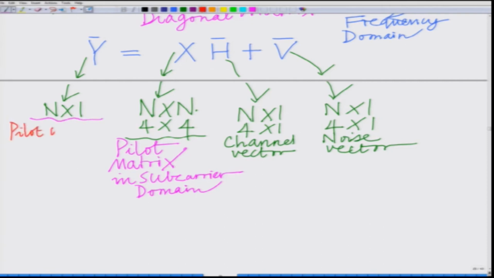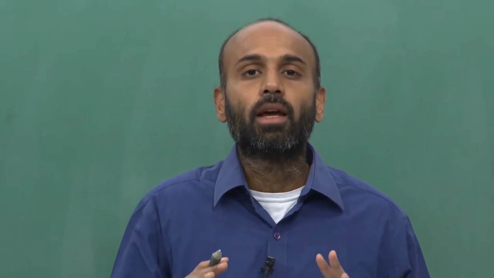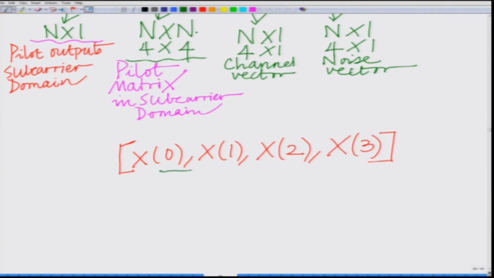For channel estimation, these are the pilot outputs in the subcarrier domain. Basically what we are saying is, we are considering capital X0, capital X1, capital X2, capital X3 to be the n pilots loaded onto the n subcarriers. So for purposes of channel estimation, we load the pilots onto the subcarriers.